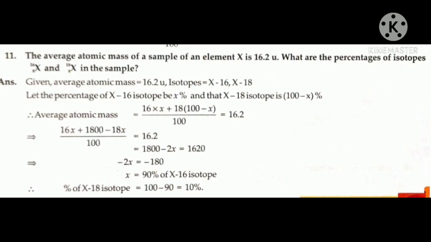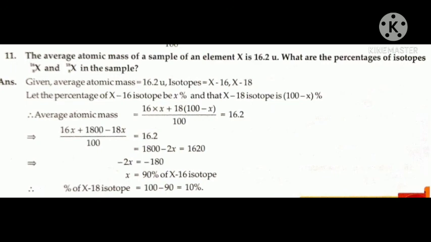16x plus 1800 minus 18x divided by 100 is equal to 16.2. Remove the bracket and multiply 18 into 100, similarly 18 into x, which is equal to 1800 minus 2x equal to 1620.